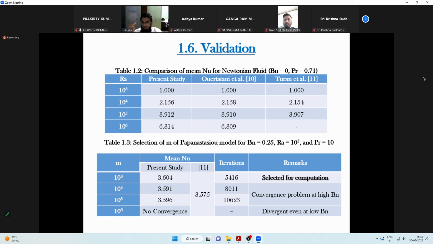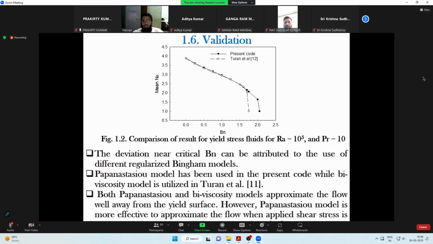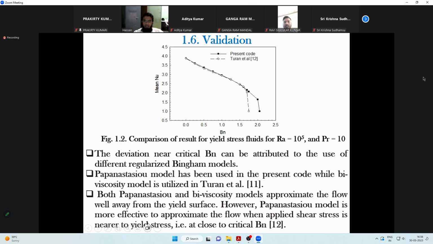You see that in the present study, hardly there was any difference on the mean Nusselt number because of the variation of m. So finally, m equal to 1,000 was taken into consideration, and you can see that there was significant agreement between the present result and the result by Turan over a wide range of BN number, except at higher BN, for which we will discuss the reason at a later stage.